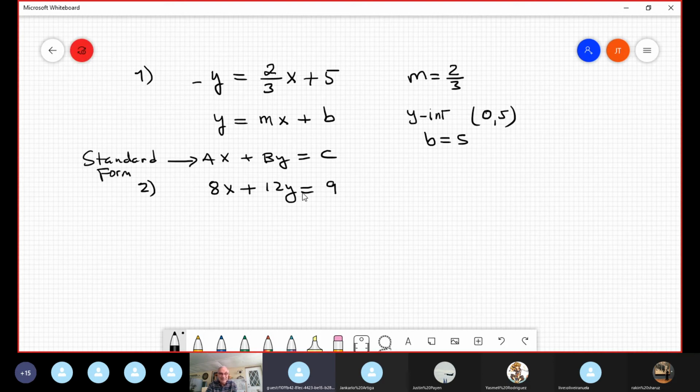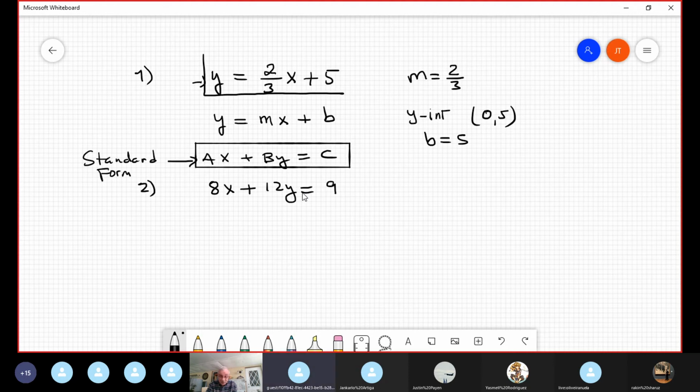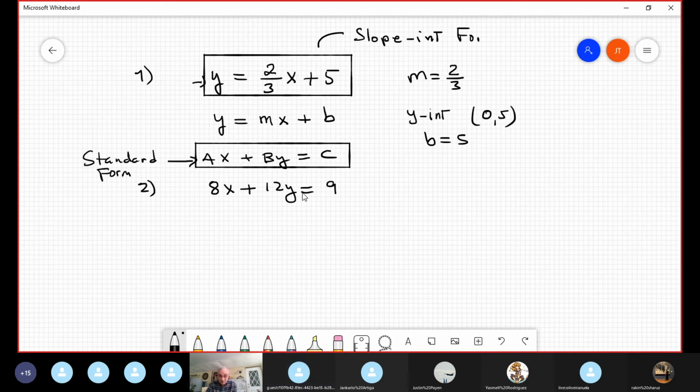The name of this one is the equation of the linear equation expressed in standard form, and the name of this one is the linear equation expressed in slope-intercept form. So there are two different forms to express the same idea. This is standard and this is slope-intercept.